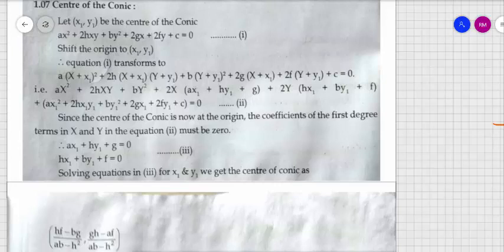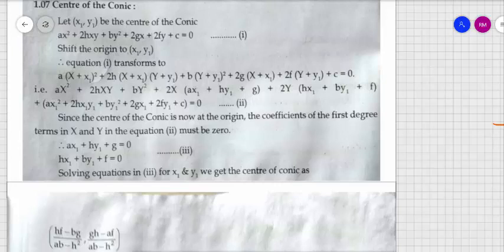So whatever general equation we have given in a form of say ax square plus 2hxy plus by square plus 2gx plus 2fy plus c equal to 0, and suppose x1 y1 is a center for this one, then first job is we have to shift origin to the x1 y1.